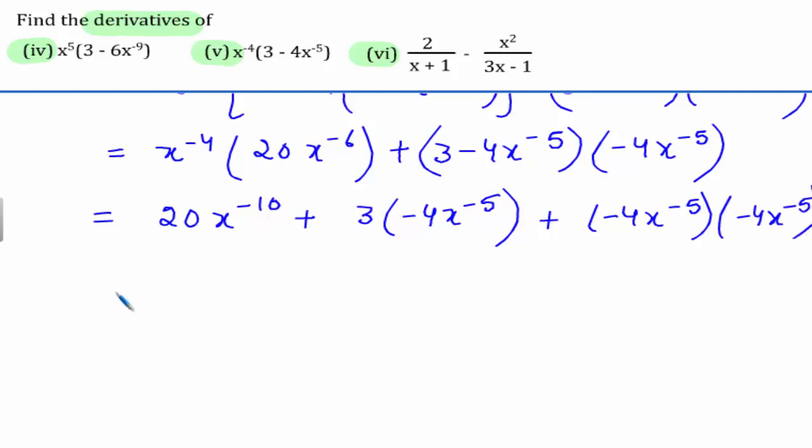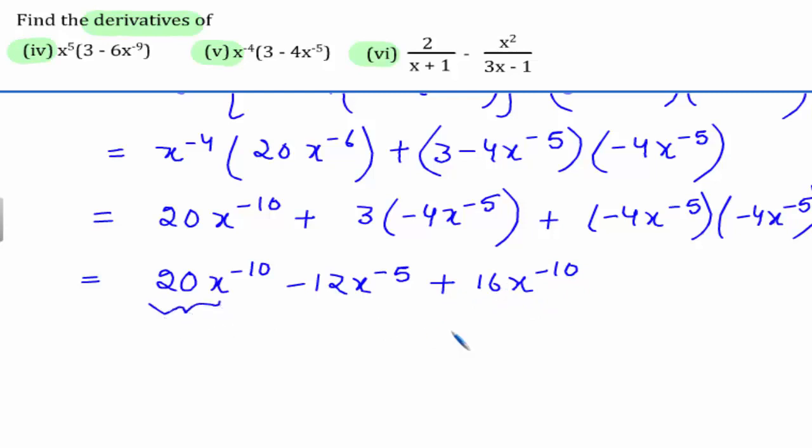Then minus minus is plus, so we have plus 16x raised to the power minus 10. Now 20x raised to the power minus 10 and 16x raised to the power minus 10 gives 36x raised to the power minus 10 minus 12x raised to the power minus 5.